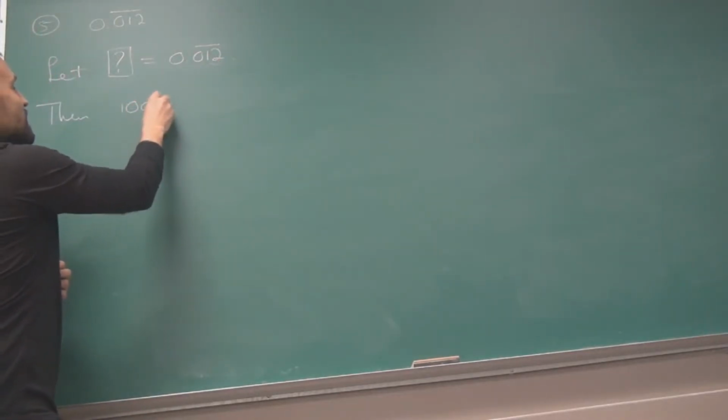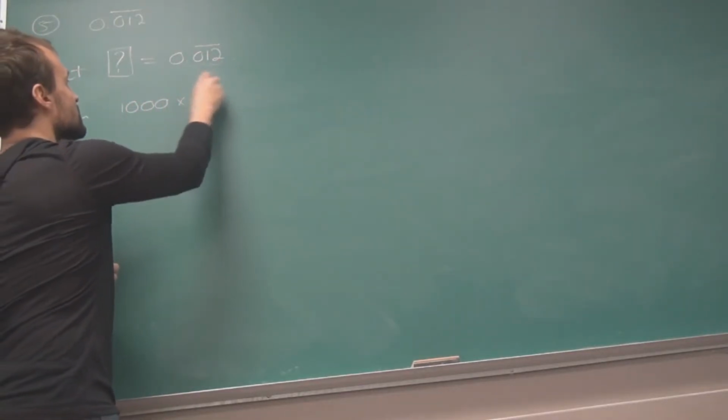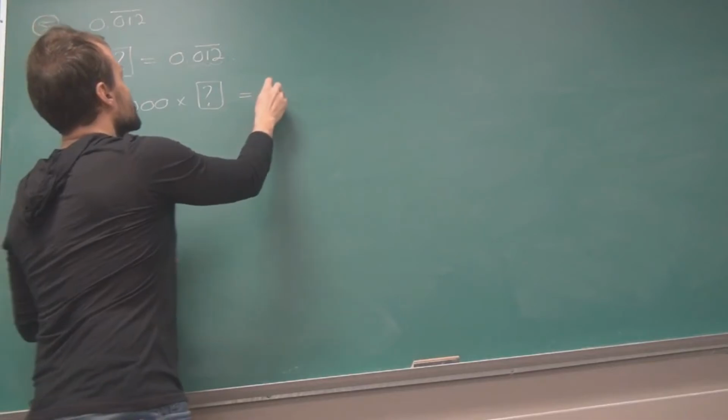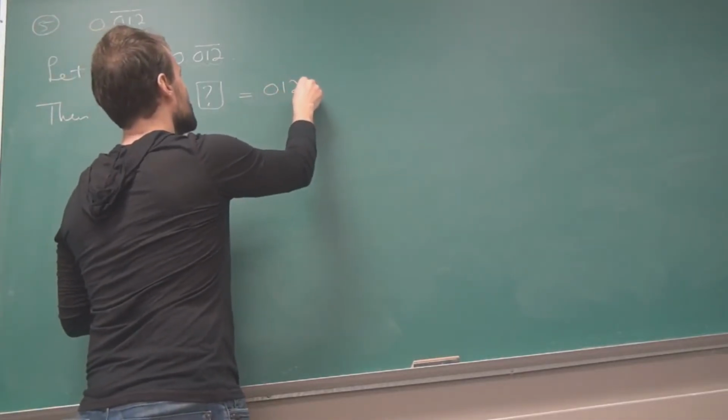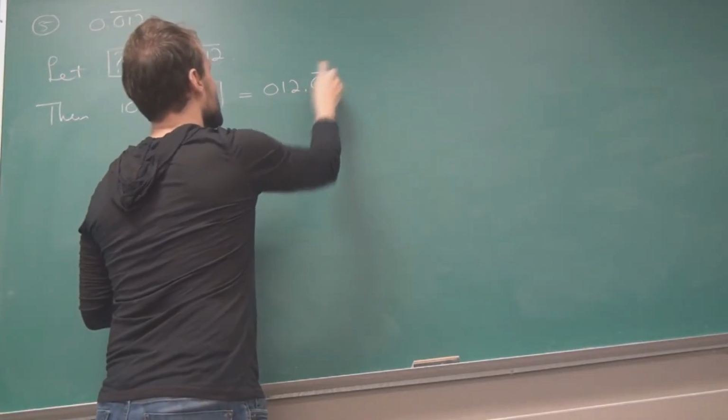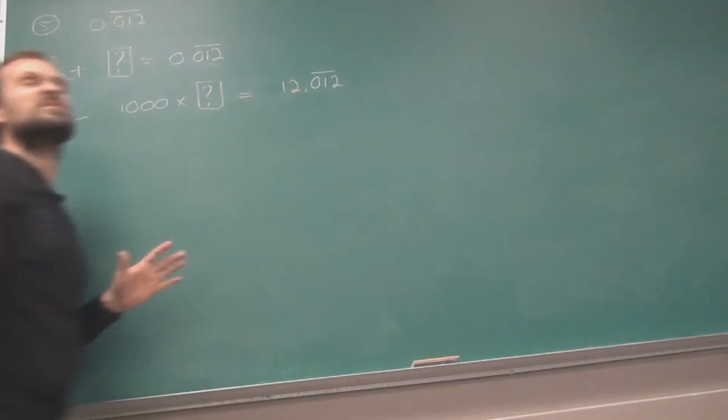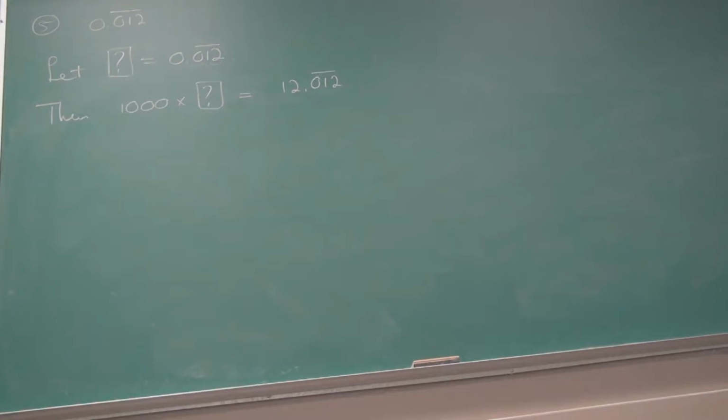I'm going to have to multiply by 1,000 in this case. To get, I'll say it here, 012.012 repeating. But I'm not going to write the 0. Right? It looks a little silly. Need to get that repeating portion out. And remember, it still repeats over and over and over, that section.